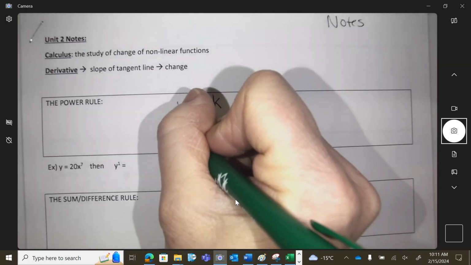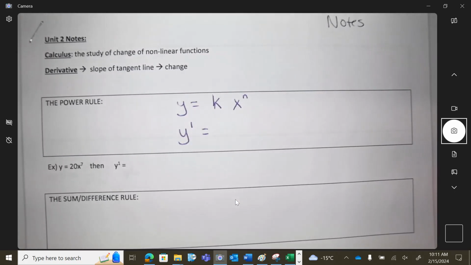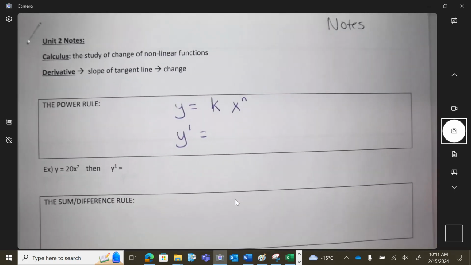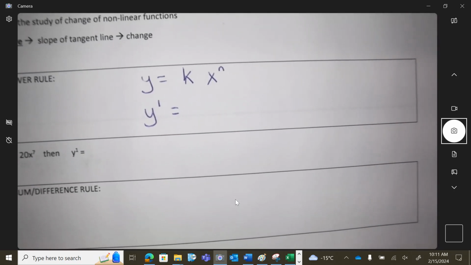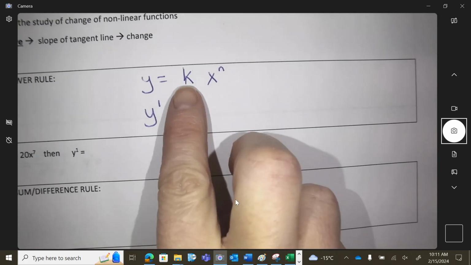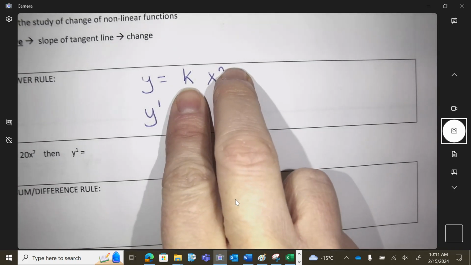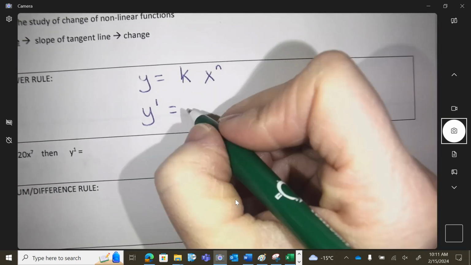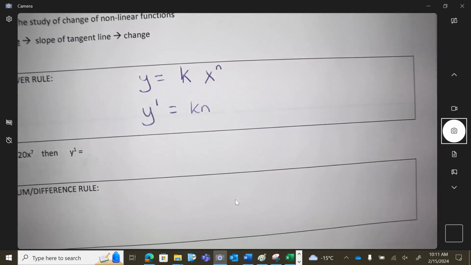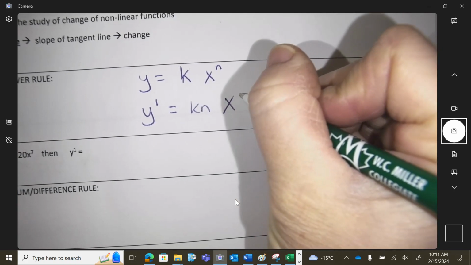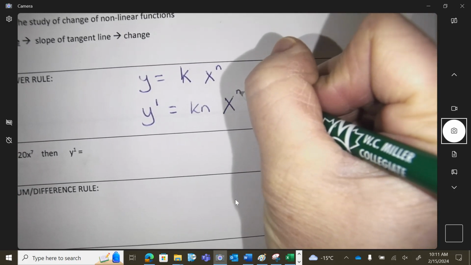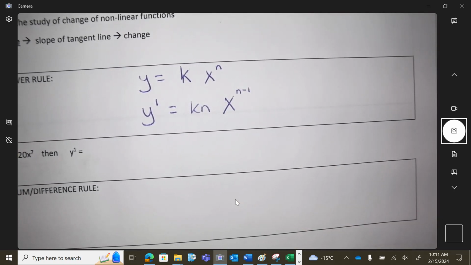The derivative is going to be like this. Y prime represents me doing a derivative. So what did we do again? We did the coefficient times the exponent. So I'm going to go k n, front times top, and then x to the 1 lower.